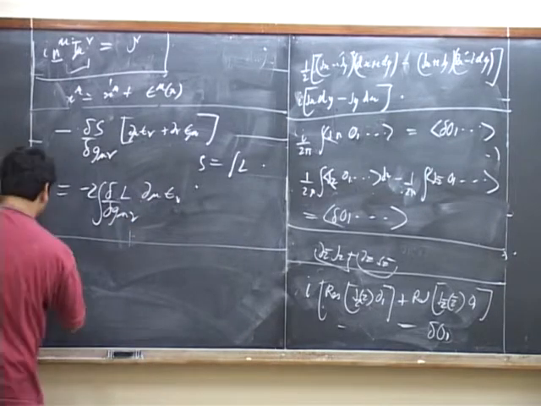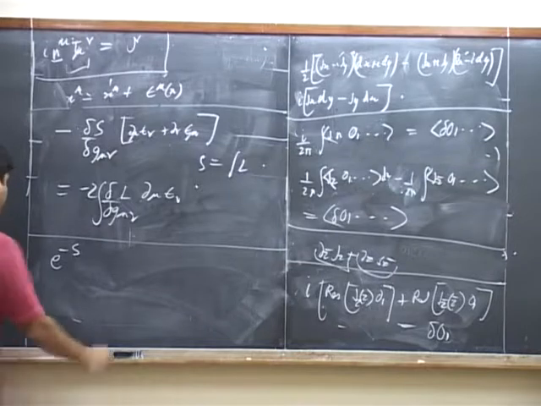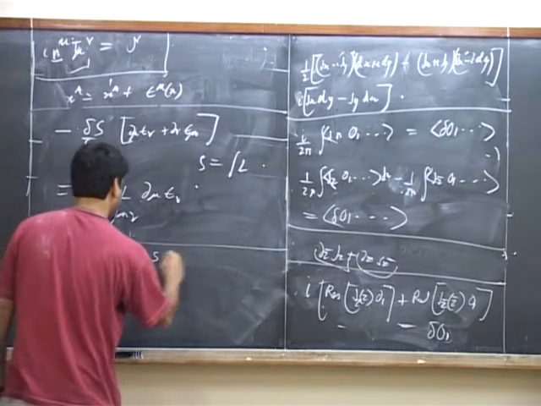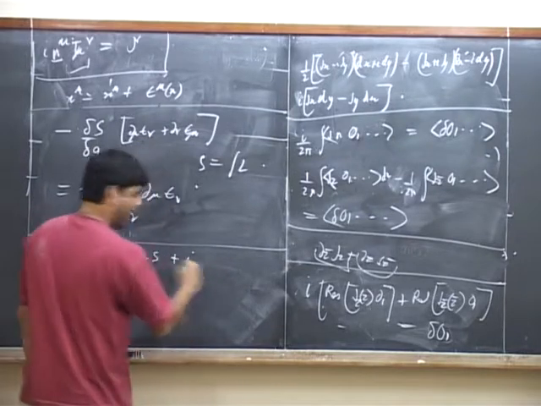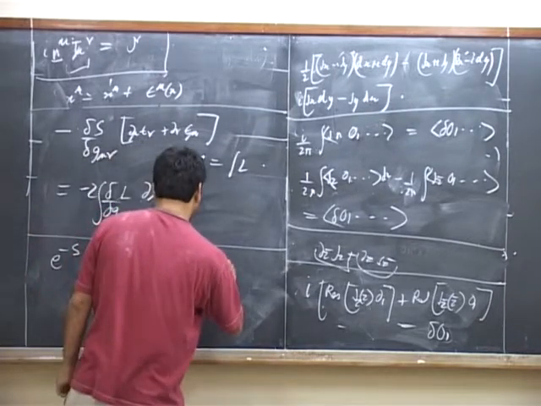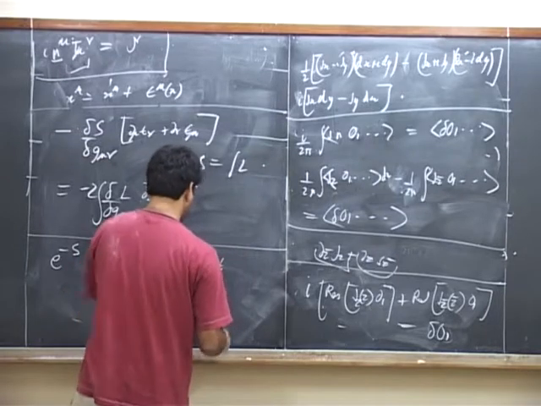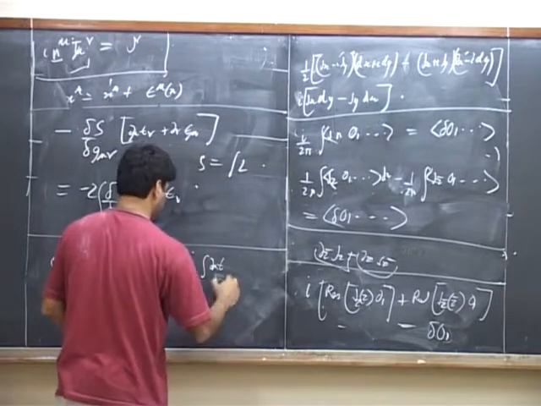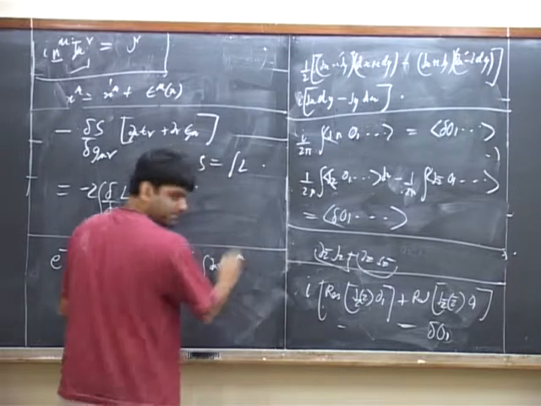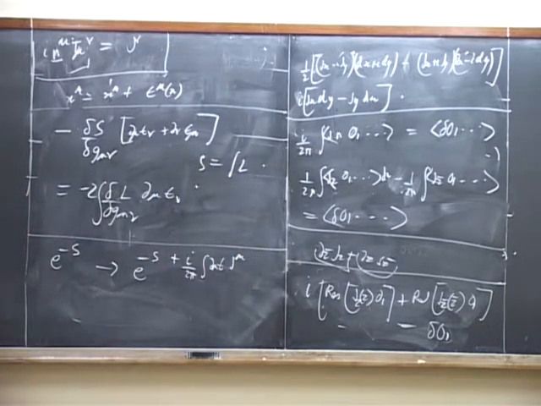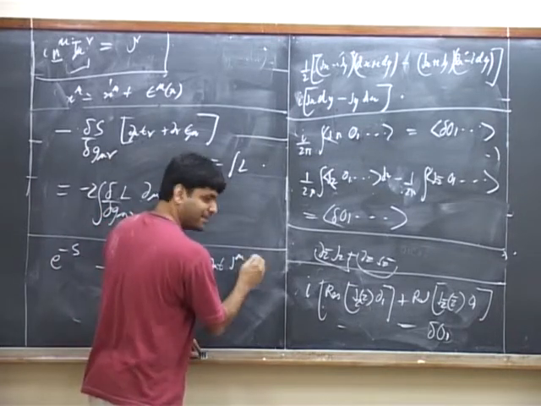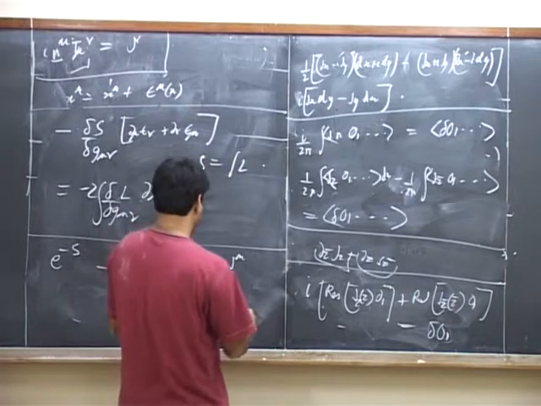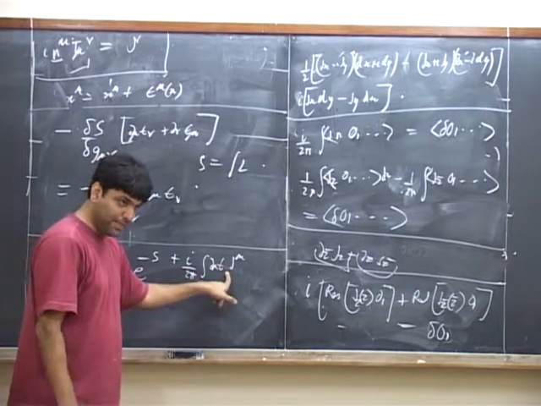We said that we'd start with e to the power minus S, and that goes to e to the power minus S plus i by 2 pi del mu epsilon times J, for any current.